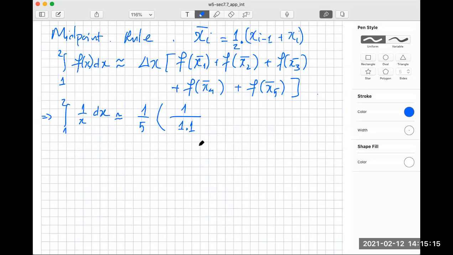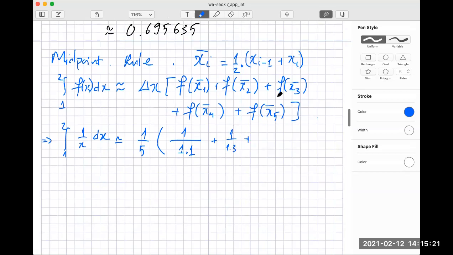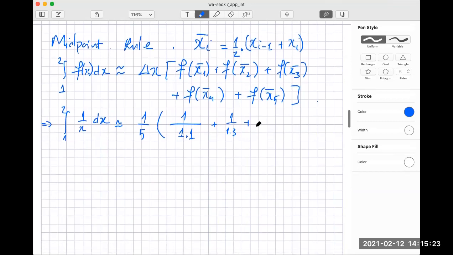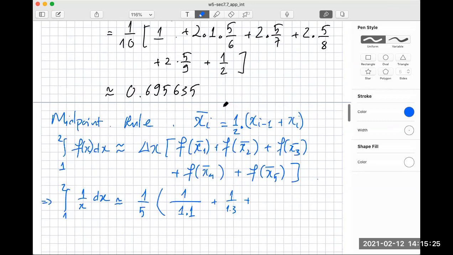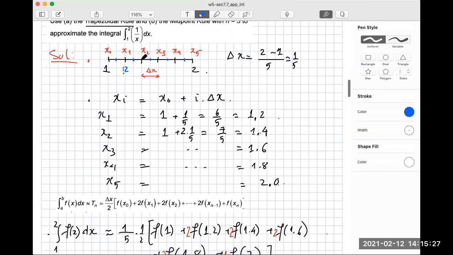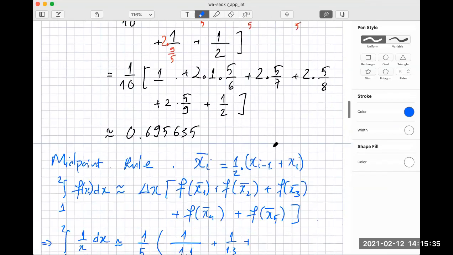And the second one is 1 over 1.3, right? And the next one will be 1.5 here, right? And 1.7 and 1.9, right?